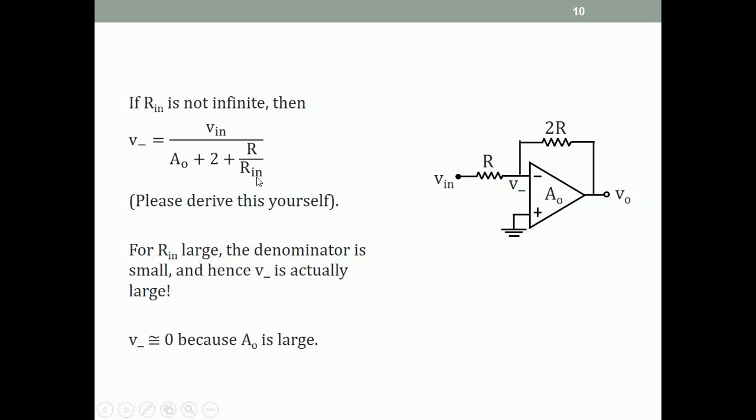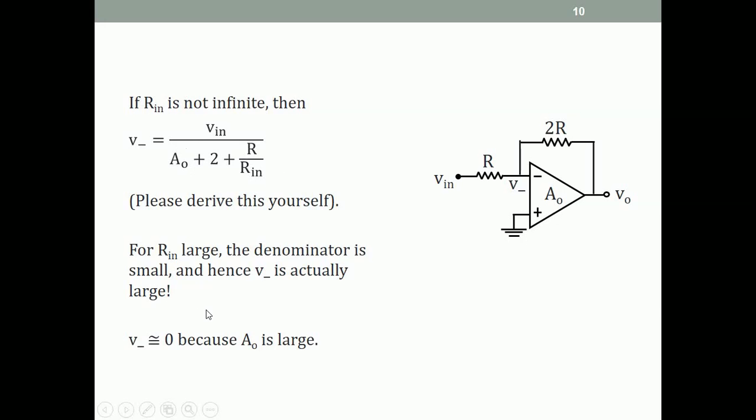So in fact, a large Rin does not make V minus equal to 0 even by the analysis of the circuit. In fact, it makes it large. The only reason V minus is 0 is because A0 is large. So this is a more complete expression demonstrating that V minus is 0, of course assuming V plus is 0 as in this circuit. So V minus is 0 only if A0 is large.